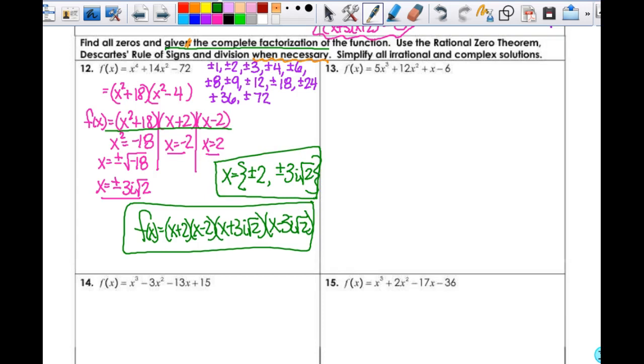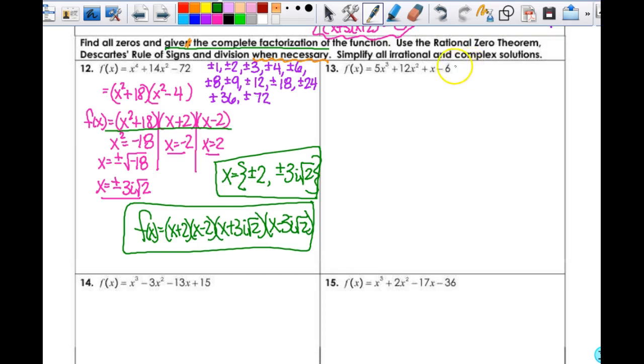All right, so then the next one. Factor this one. Factoring is not an option. Quadratic formula, it is not a quadratic. So I am going to need to find my zeros here.